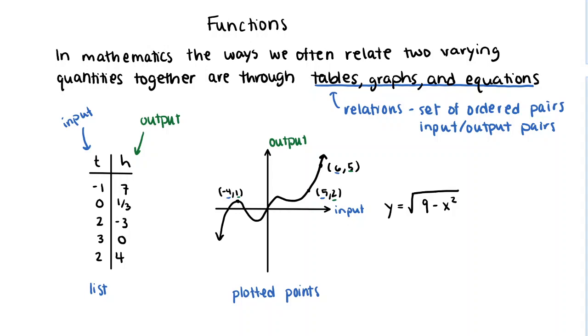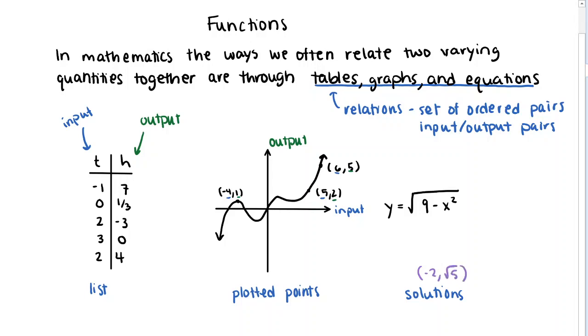Okay, so the last example I'd like to talk about here is an equation. The ordered pairs being described by an equation are the solutions to the equation. In this case, one example is the ordered pair (-2, square root of 5).